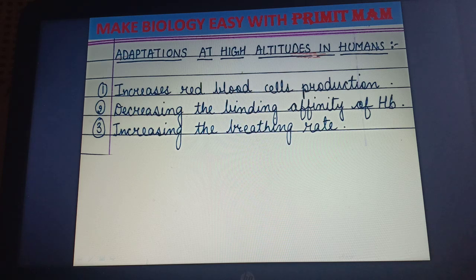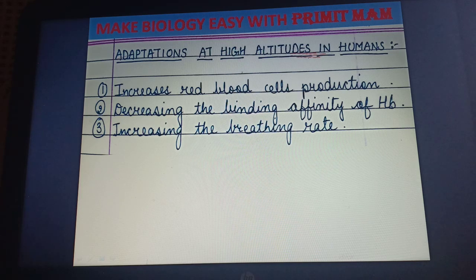Symptoms include nausea, fatigue and heart palpitations. This is because at the low atmospheric pressure of the high altitude, the body does not get enough oxygen.